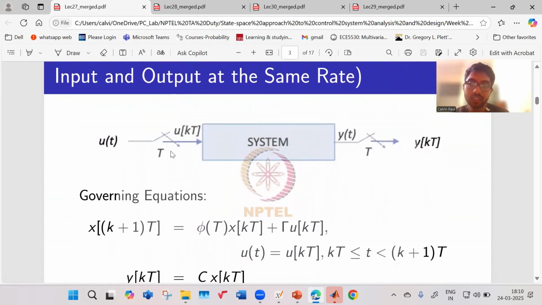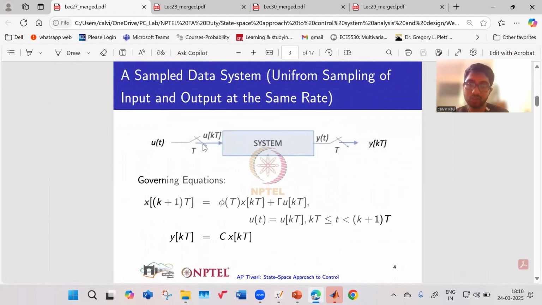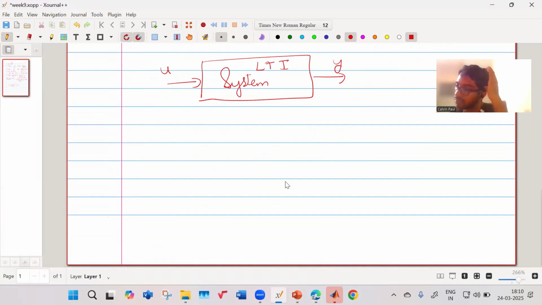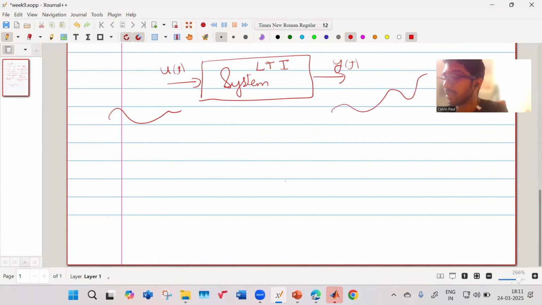A switch is used over here. Suppose this is U of KT, and in this system, Y of T is sampled as Y of KT. You must remember your system will still remain a continuous time system, but your input and your output are different. Let me draw that to make it more understandable. This is your U of T, this is your Y of T. Your input can be changing like this, your output would be changing something like this.